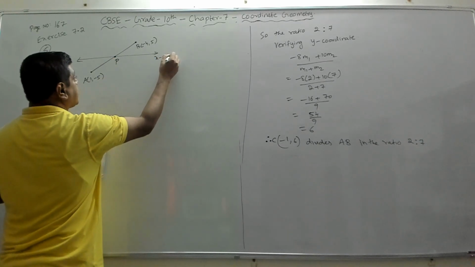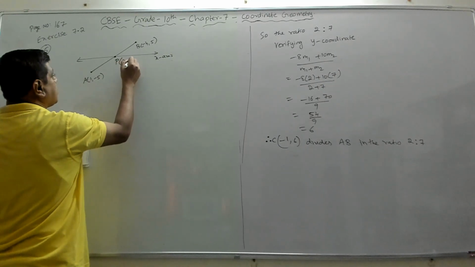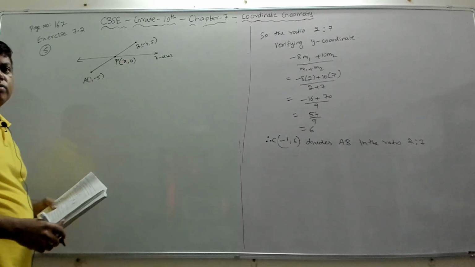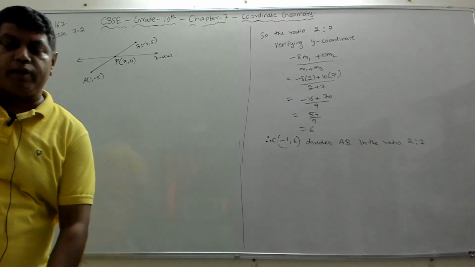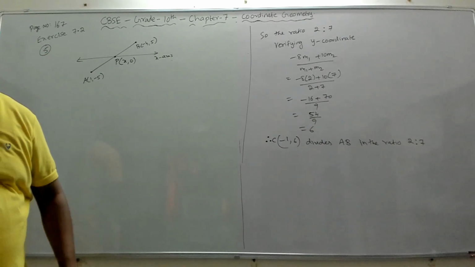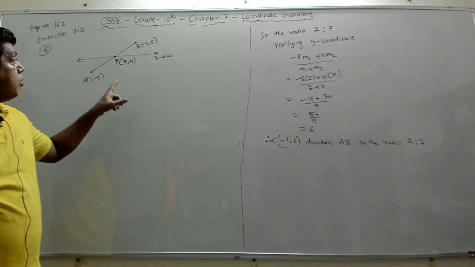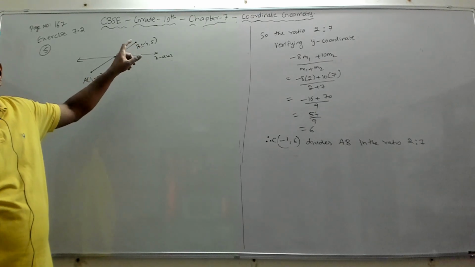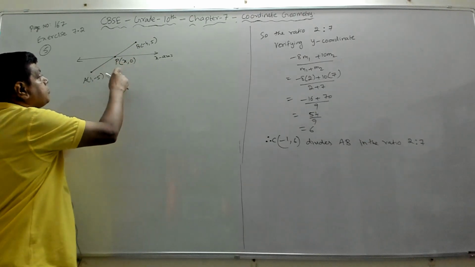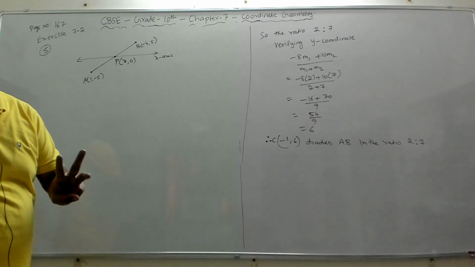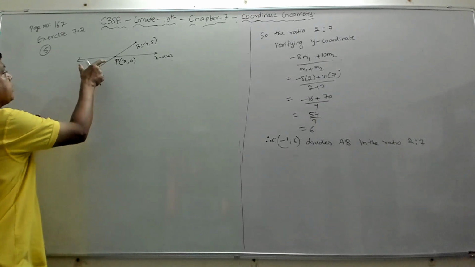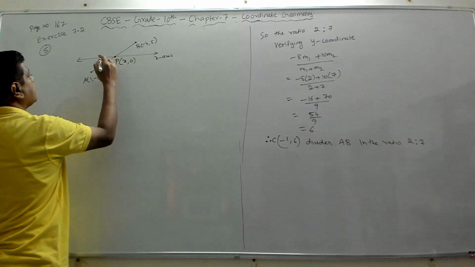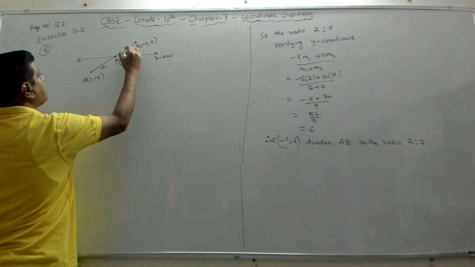Any point on the x-axis will be of the form x comma 0. Its y coordinate will always be 0. What we have to find is the ratio in which the line segment joining the points 1 comma minus 5 and minus 4 comma 5 is divided by the x-axis, and also the point of intersection. So let's take the ratio as m1 and m2.